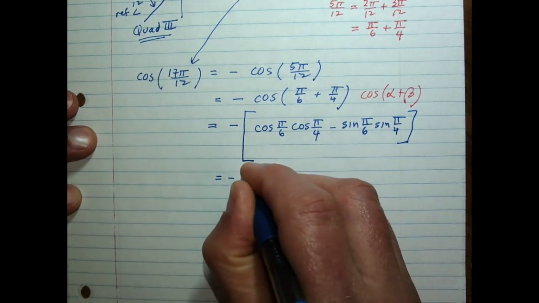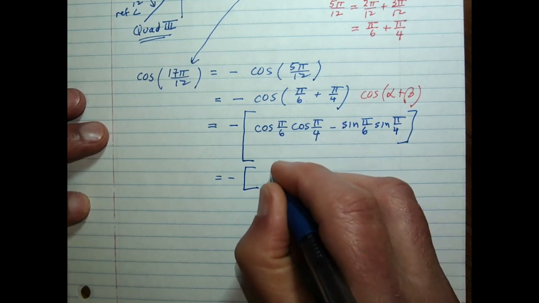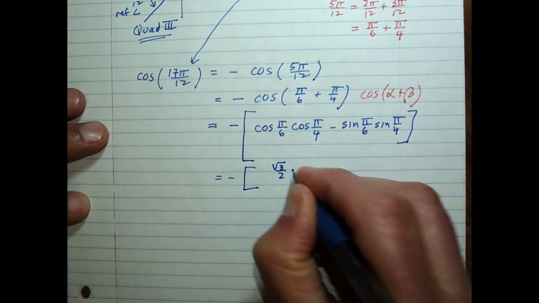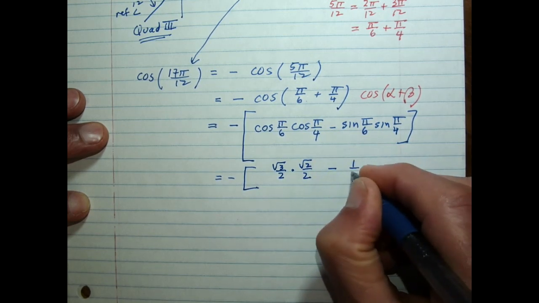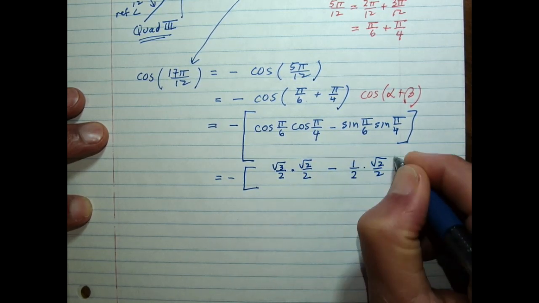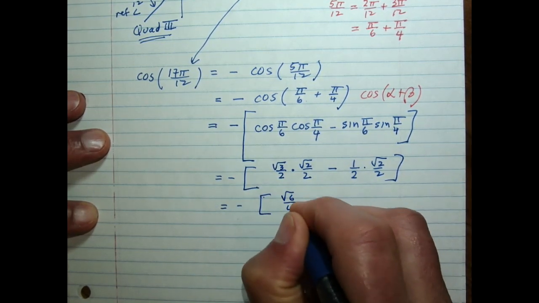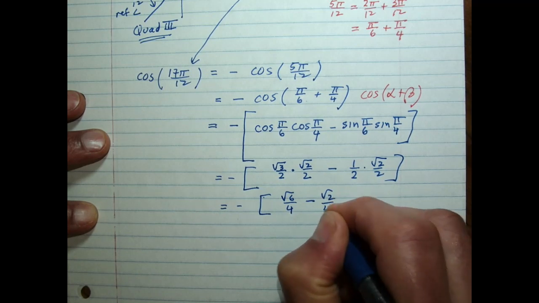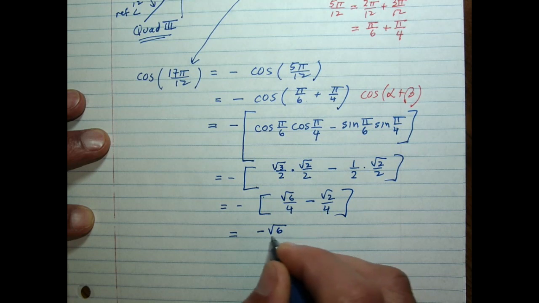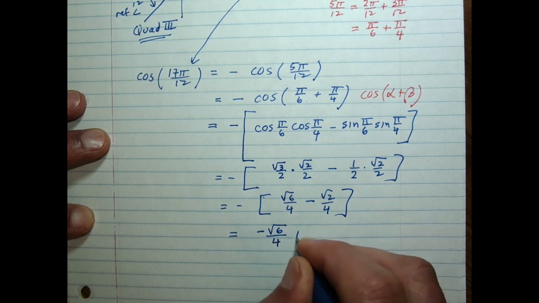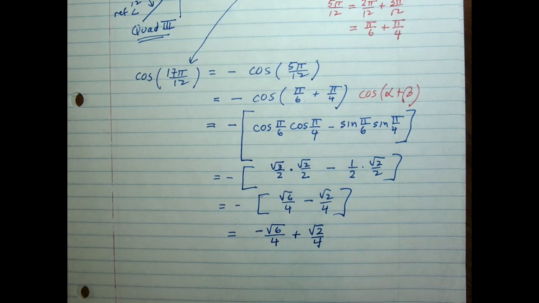So I have minus, in square brackets, cosine of pi over 6 is square root of 3 over 2, cosine of pi over 4 is square root of 2 over 2, minus a half times square root of 2 over 2. So I have minus square root of 6 over 4 minus square root of 2 over 4, which is actually, when I distribute the minus sign, minus square root of 6 over 4 plus square root of 2 over 4.